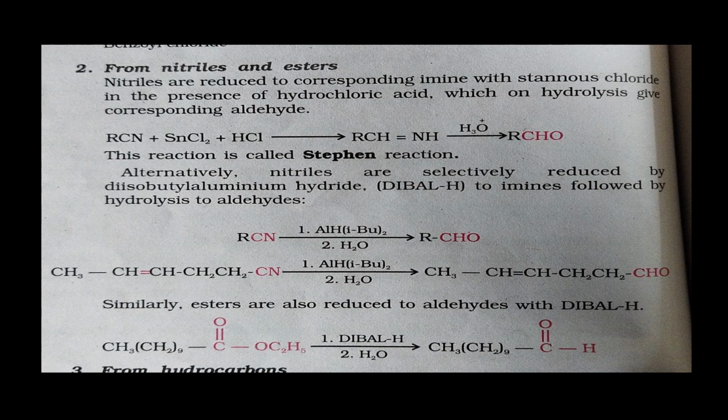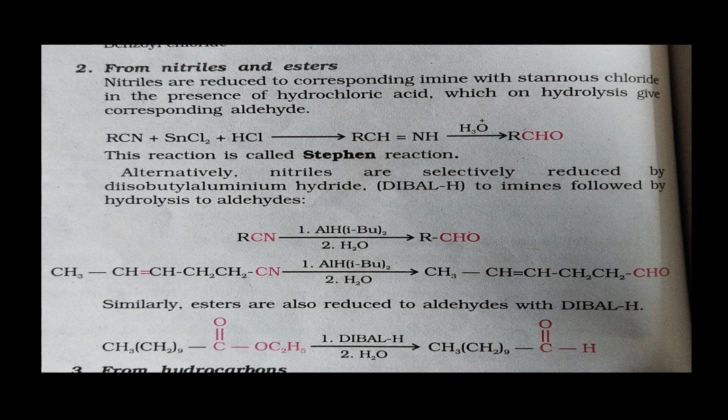Alternatively, nitriles are selectively reduced by diisobutyl aluminium hydride, DIBAL-H, followed by hydrolysis to aldehydes. RCN in the presence of AlH(iBu)2 and H2O gives RCHO.